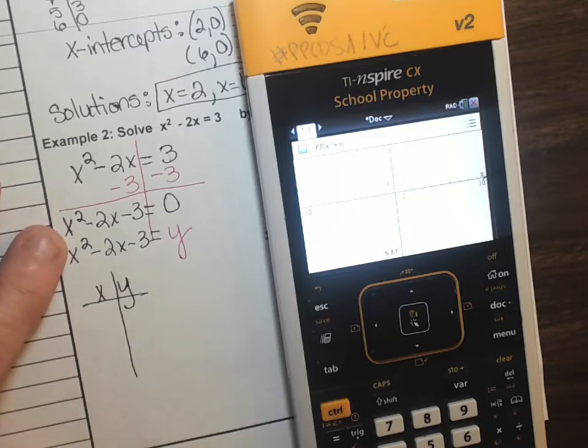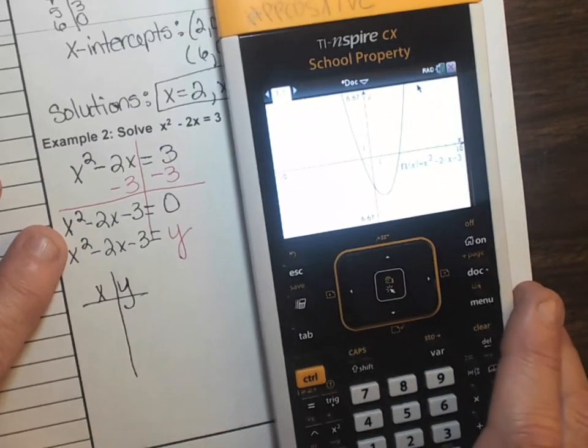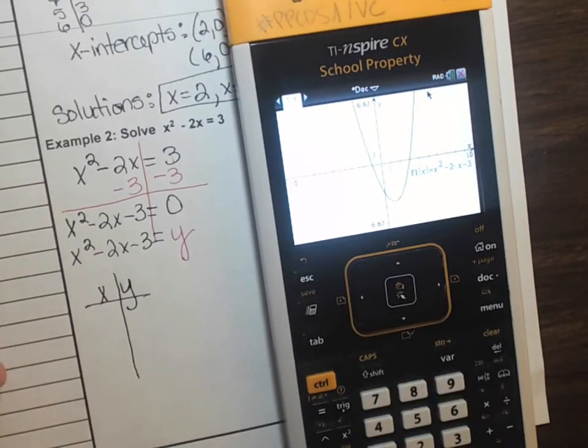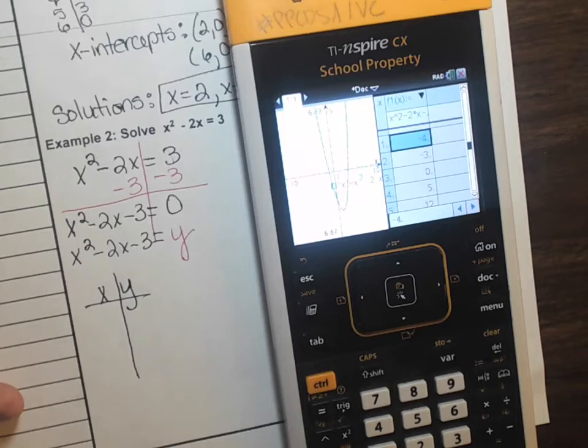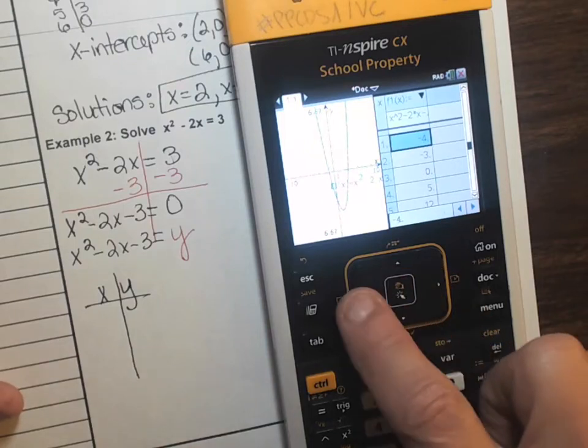So we're going to type in x squared minus 2x minus 3, and we're going to hit enter. And again, as you can see from the graph, you get a parabola. So we're going to go to the table, Control T, and we're going to pick some points.